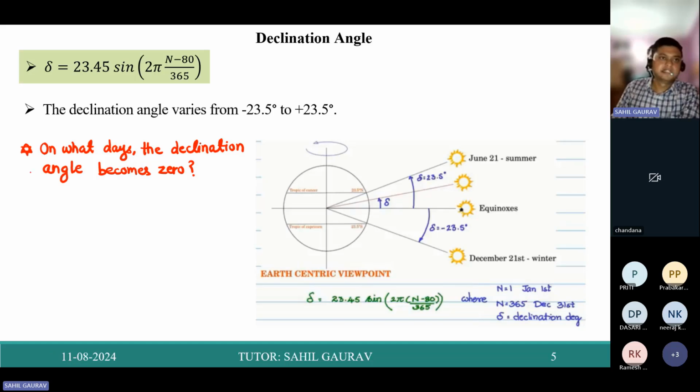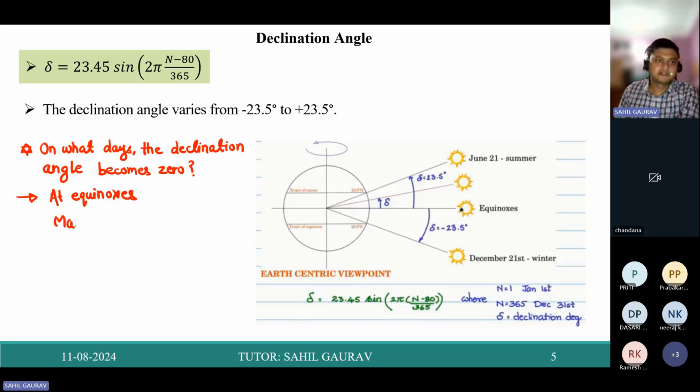So the answer to on what days the declination angle becomes 0 is at the equinoxes. This is directly asked in verbal type problems. And we have just seen it happens twice in a year. One is the spring equinox and one is the autumn equinox.